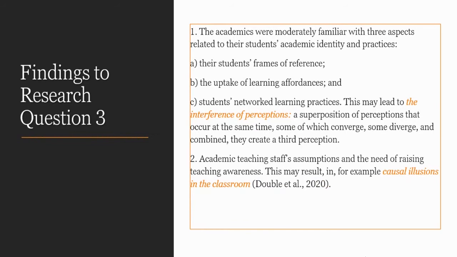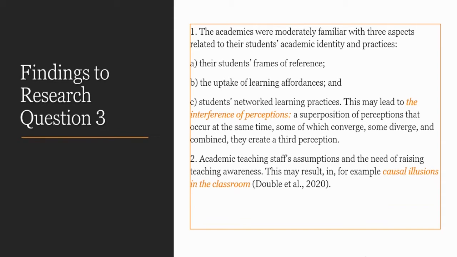And finally, in response to my research question number 3, my first conclusion is the academics were moderately familiar with 3 aspects related to the students' academic identity and practices. So they knew fairly well the students' frames of reference, but only those who were in close contact with students. So, for example, tutors knew a little bit more about students' background than the unit coordinators, which is normal.